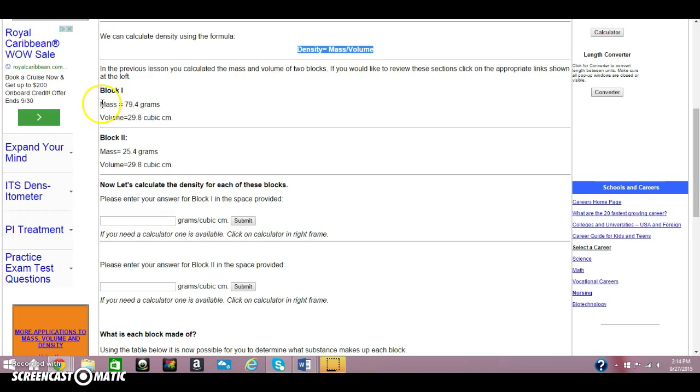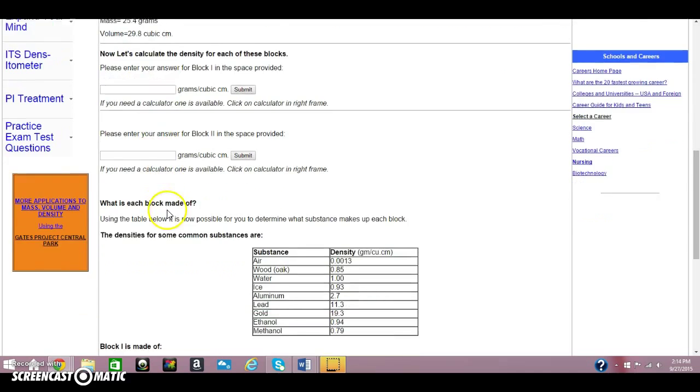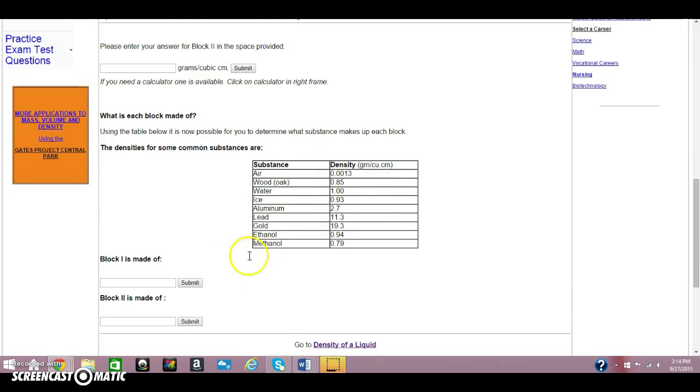Look right here, you've got mass and volume. So you calculate mass over volume, 79.4 over 29.8. You're going to find out what all this information is, and you're going to use the chart to find out what it is.